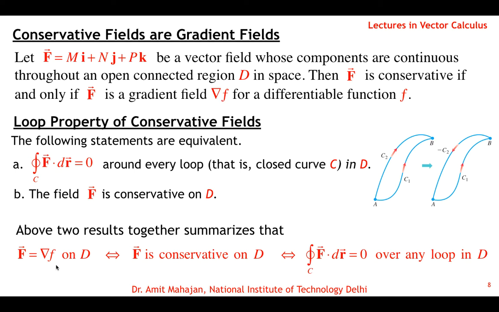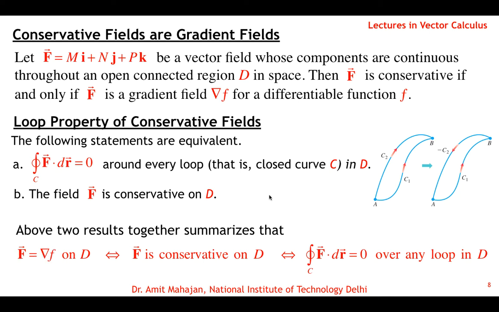First, how can we prove that a given field is conservative, if you are just given a vector field Mi plus Nj plus Pk? And second, if you are given a conservative field F, how can we find the potential function such that this is satisfied?